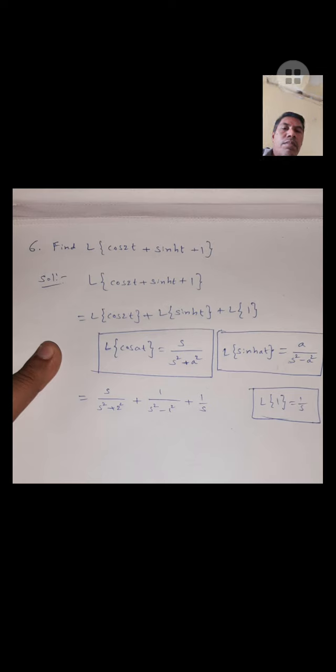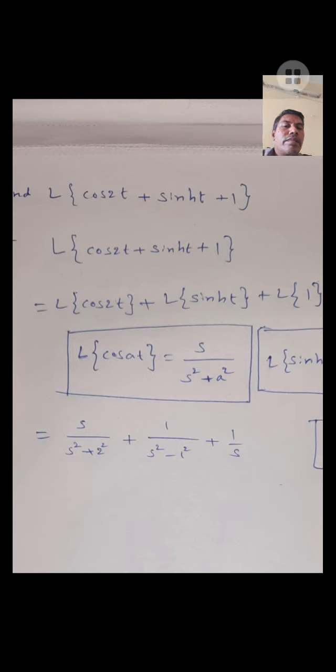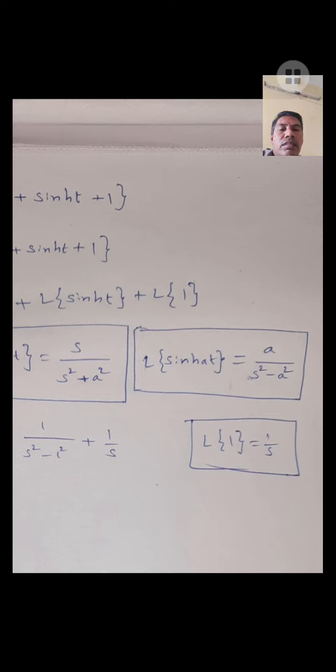Find Laplace transformation of cos 2t plus sin ht plus 1. So we have three terms, so separate each term, then we get Laplace transformation of cos 2t, which is in the form of cos at, that is s by s square plus a square, and sin hat means a by s square minus a square, and Laplace transformation of 1 means 1 by s.